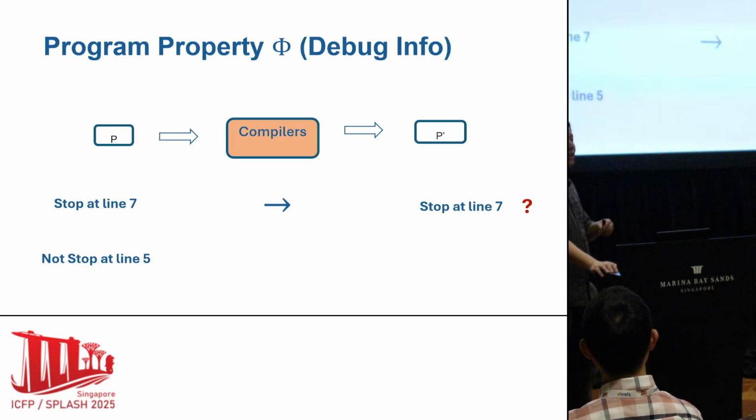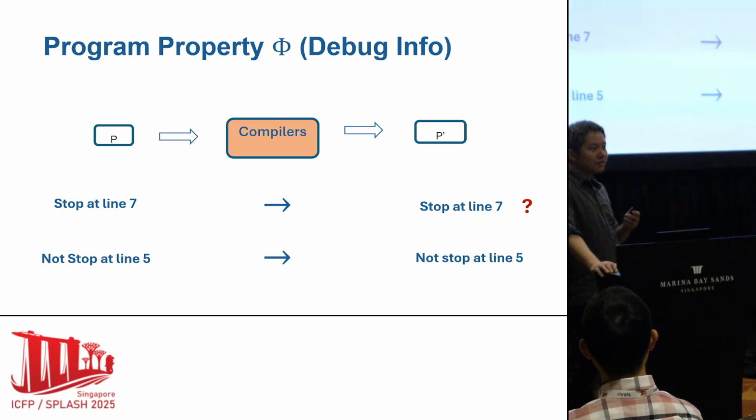And now let's take a look at the flip side of the property. Suppose that you cannot stop at line 5 in your original program. Does this imply that you cannot stop at line 5 in the optimized code? No? Why?